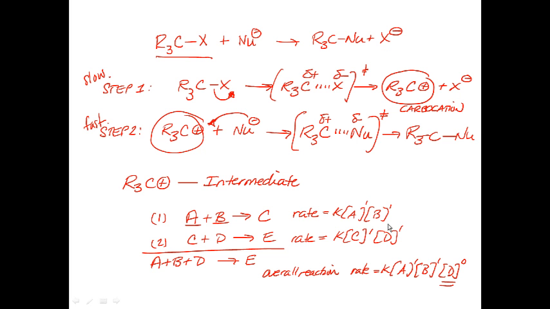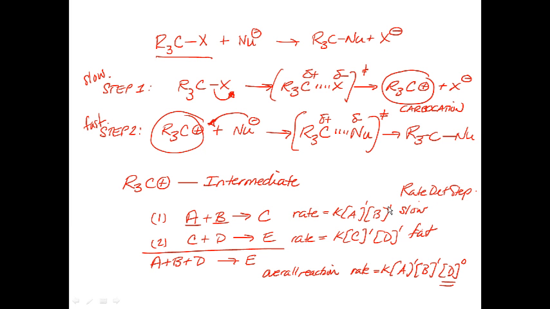So since the change in concentration of D did not play a role in the overall rate, this would be the slow step and this would be the fast step, so that the overall rate of the reaction is dependent on the rate of the first elementary step, or what we would call the rate determining step.